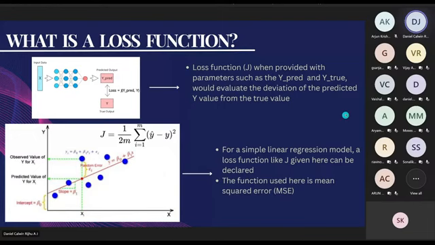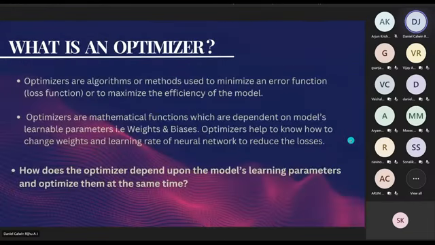Now we'll get on to what an optimizer is. Optimizers are algorithms or methods used to minimize an error function or loss function, or to maximize the efficiency of the model. Optimizers can be thought of as mathematical functions which depend upon the learnable parameters, which are weights and biases in our case, because we are using neural networks for this session.